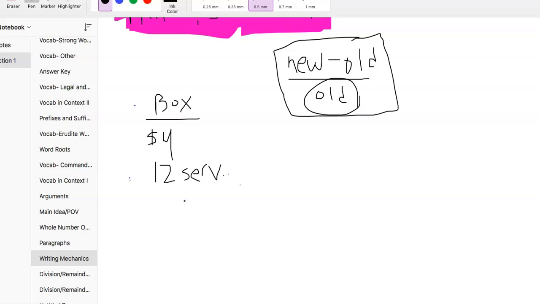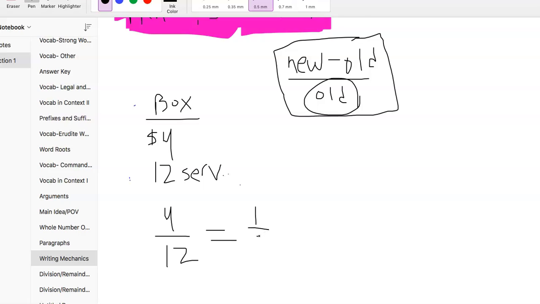Okay, so again, it's cost, which is dollars, so that's 4 per serving, divided by 12. You're going to think, I thought it was harder than this. Okay, 4 divided by 12 can be reduced to 1/3.